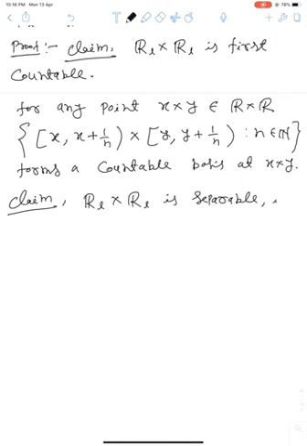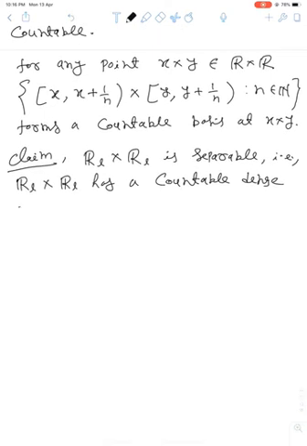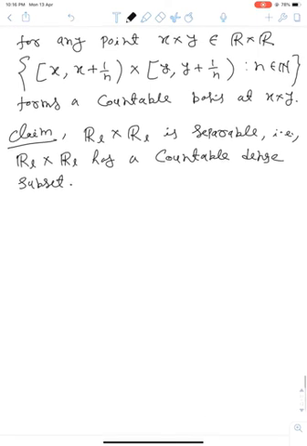So RL cross RL is separable. That is, RL cross RL has a countable dense subset. Now this is also simple. Can you guess one countable dense set in RL cross RL?